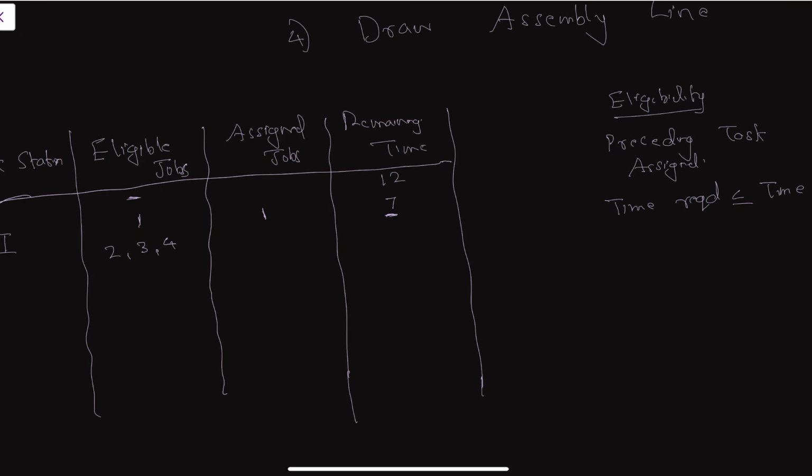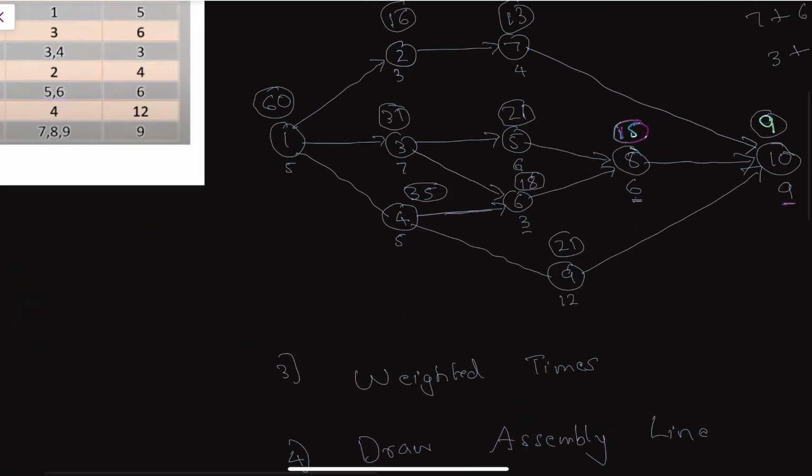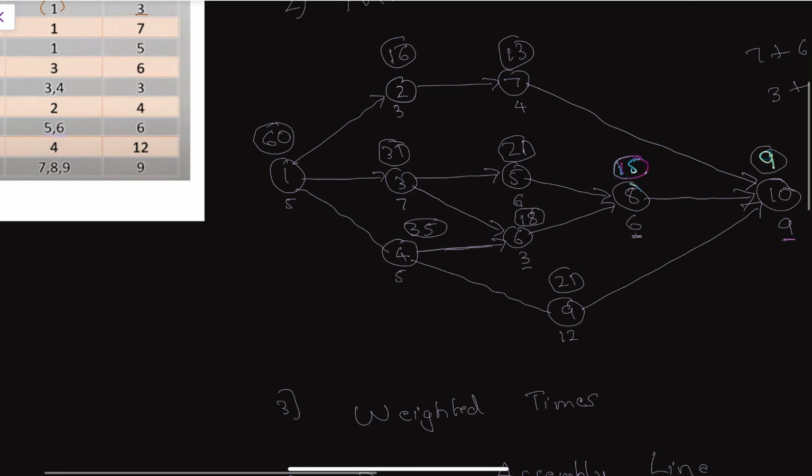Right. So out of these 3 jobs, which job will you select? That will be based on the weighted time. So you will look at the weighted time here. The weighted time for 2 is 16, for 3 is 31, and for 4 is 35.